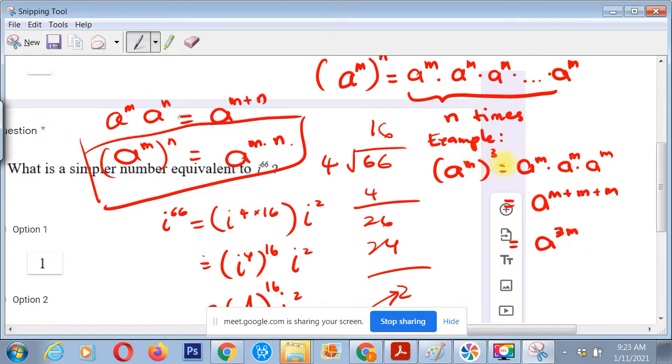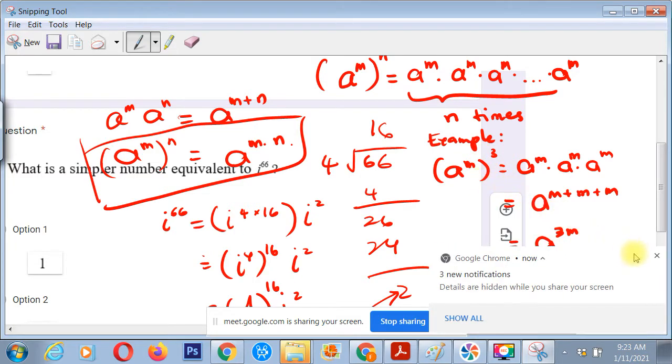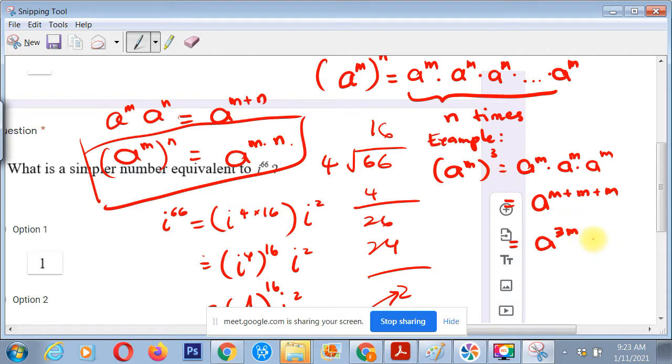So that's where it comes from, it will be a^m times 3. Same, because of this. That is the idea. So this law you need to insert in your mind.